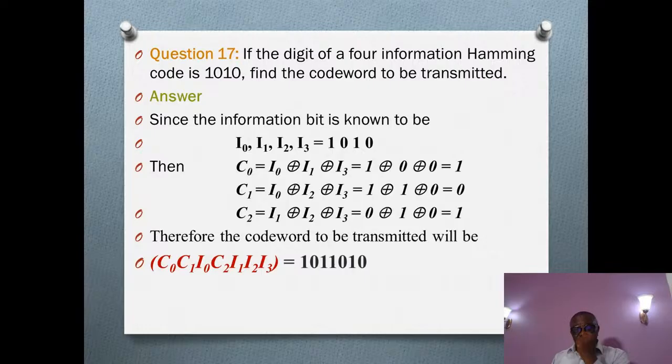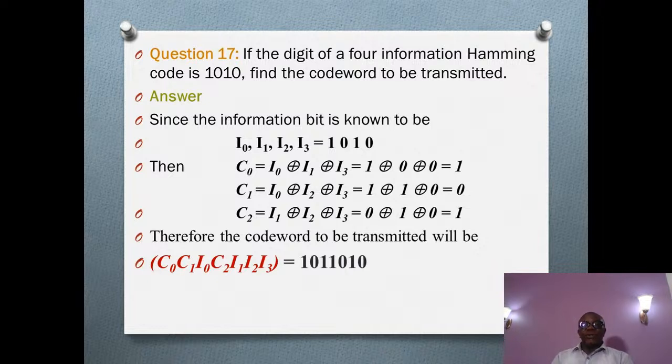So you now compute the C0. If you look at it, don't be scared. It's as simple as A, B, C. So you compute C0, which is I0 modulo 2 I1 modulo 2 I3.